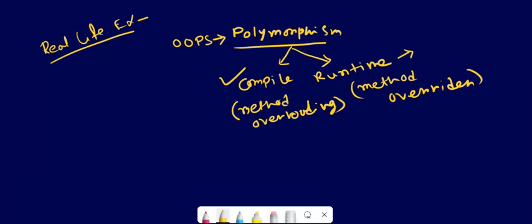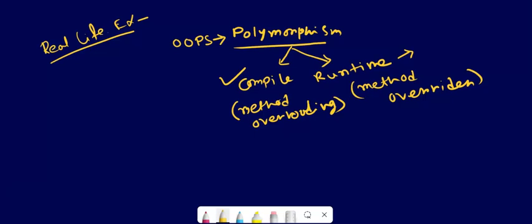I'll show you the example. And one thing, compile time polymorphism is early binding, and runtime polymorphism is called late binding, because the object is decided late, during the runtime, okay, that's why it's late binding.